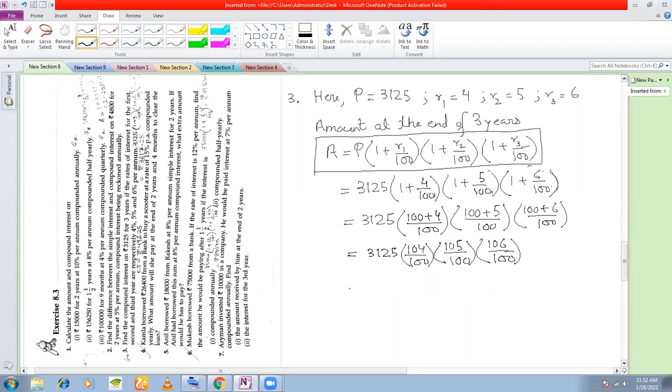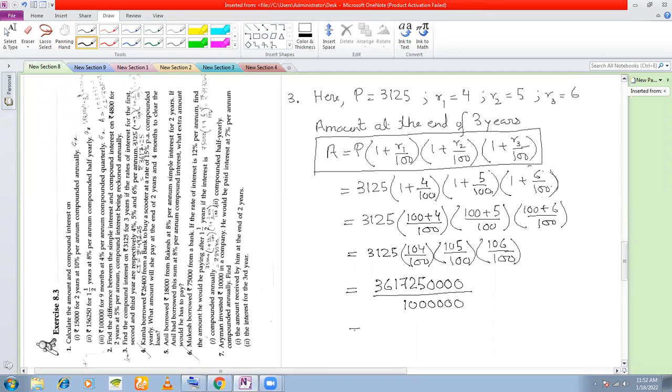Okay. Now you need to multiply 3,125 with 104, 105, and 106. All these you need to multiply. So if you multiply, you are going to get 4 zeros in the numerator, and in the denominator you will have 6 zeros. Okay.